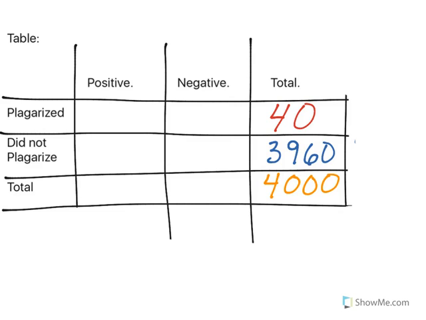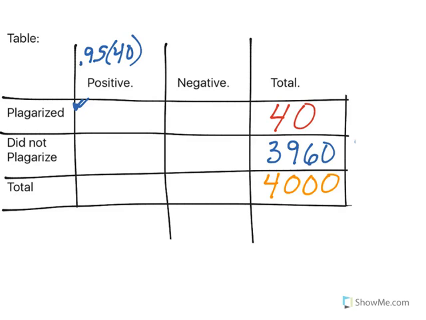Okay, now, how do we figure out the stuff that goes in the middle? Well, remember, a positive test means that you did plagiarize. So if you were a plagiarizer, you would expect to test positive because you cheated. So when I'm thinking about this blue check mark box, 95% accuracy rate, that means 95% of my 40 cheaters will test positive.